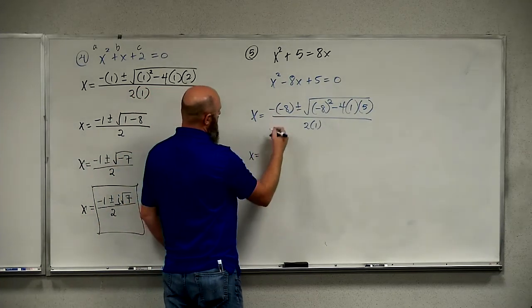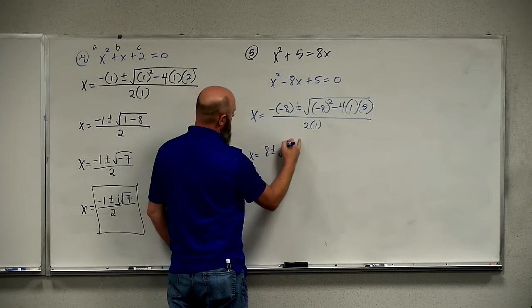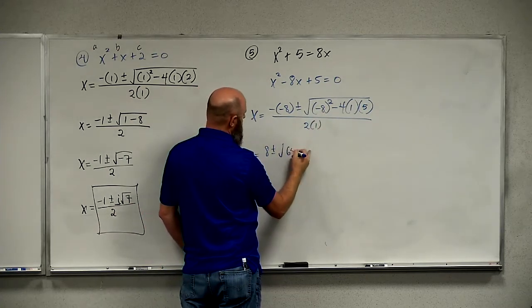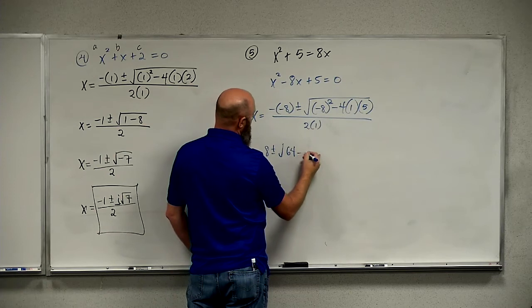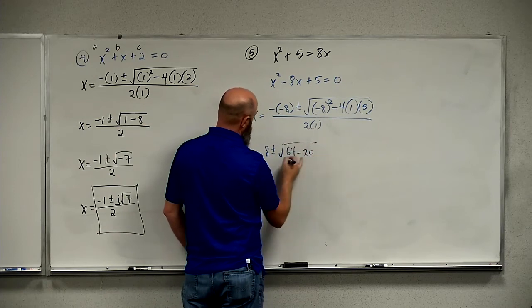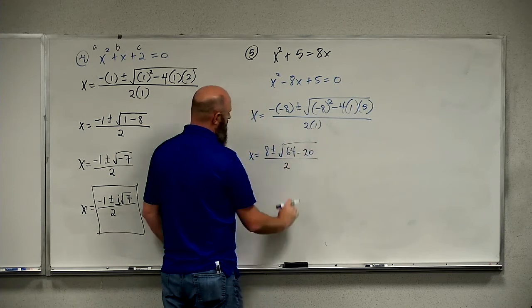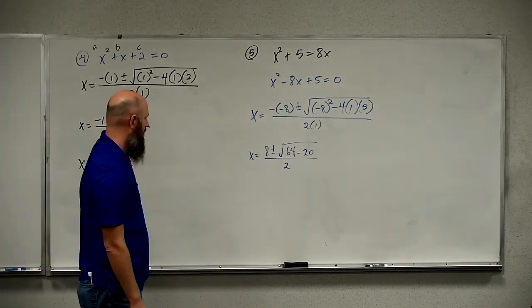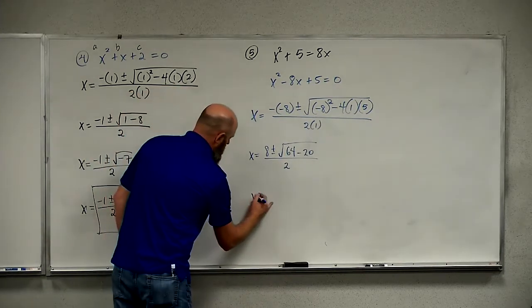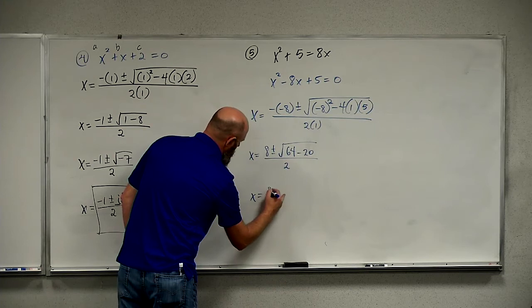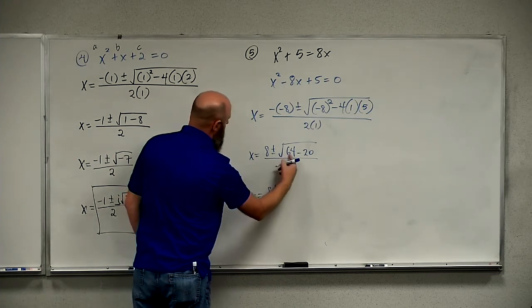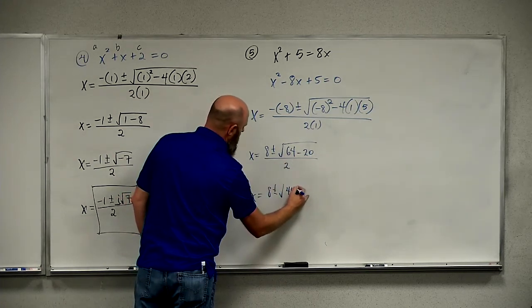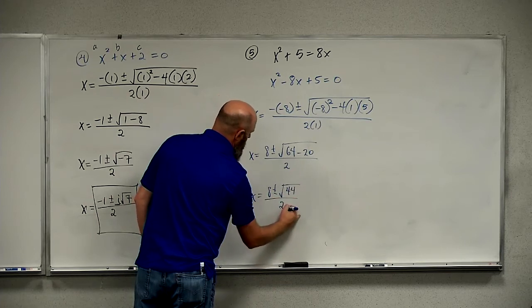So we're going to get a positive 8. Negative 8 squared is 64 minus 20, over 2. Okay, so that lets me have 8 plus or minus square root of 64 minus 20, which is 44, over 2.